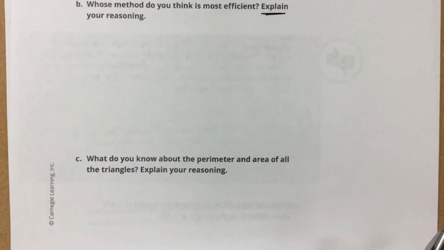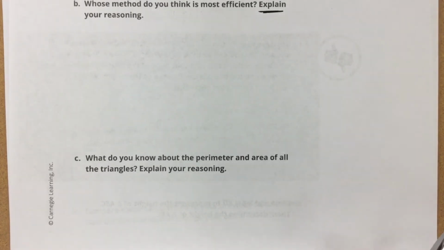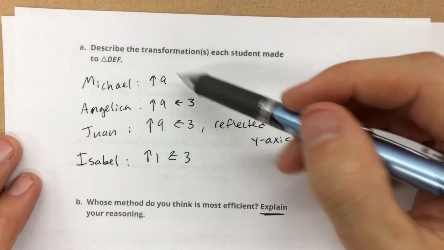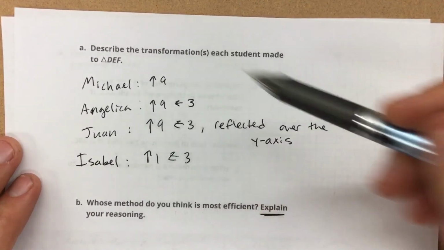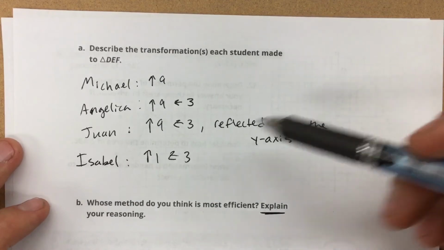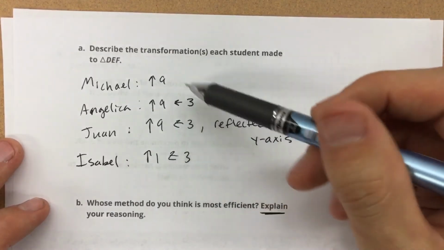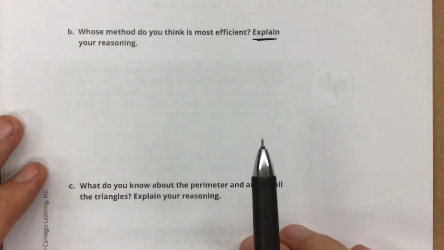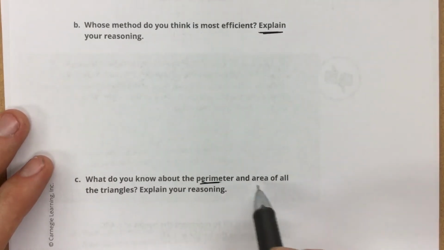Okay, so part C, what do you know about the perimeter and area of all these triangles? Explain your reasoning. Let's come up here. What kind of transformations did we do? We did a lot of translations, and we did 1 reflection. The thing that we talked about with translations earlier is that they don't affect size, they only affect position, which means that they do not change perimeter or area at all.